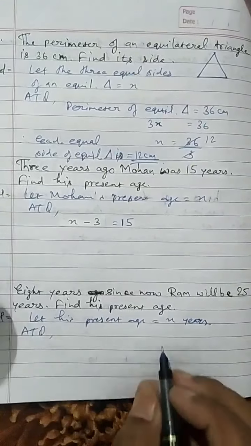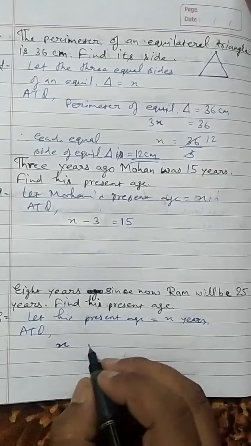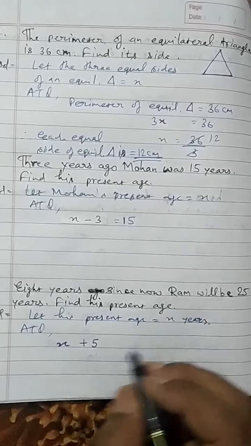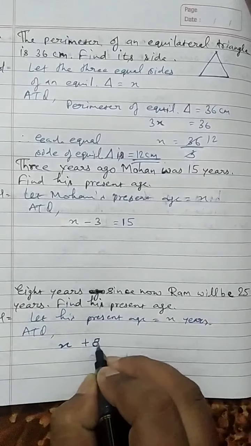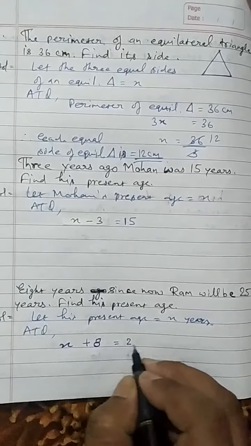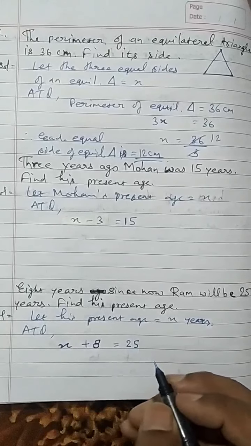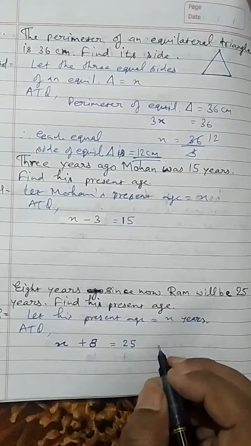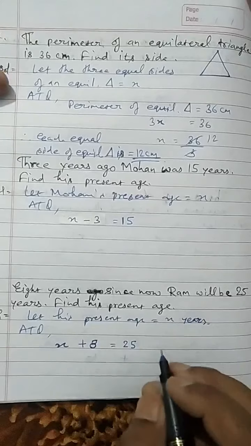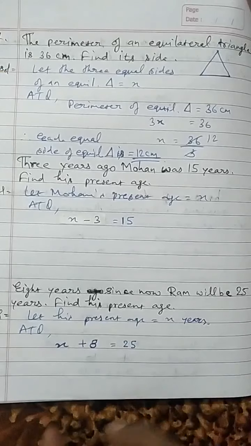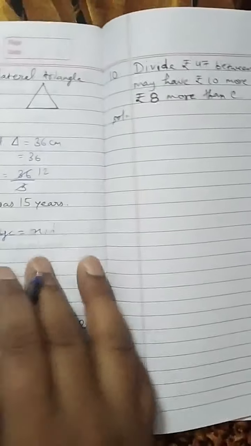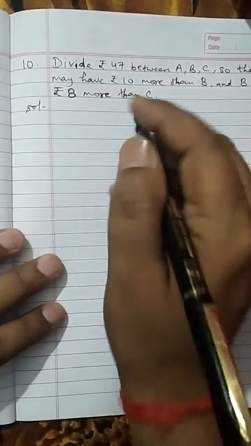This is the present age, and 8 years since now means 8 years after the present age. You get the age 25 after 8, on adding 8 years. So you can solve it yourself as your homework. Thank you. Next is number 10.